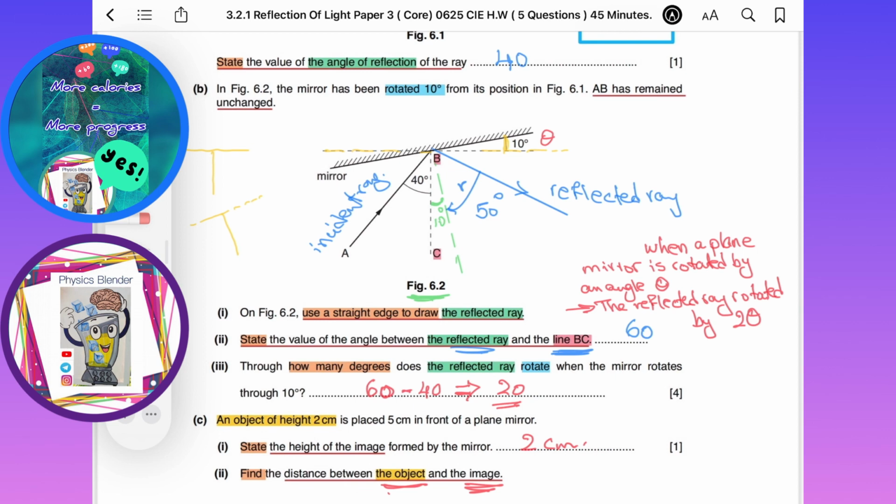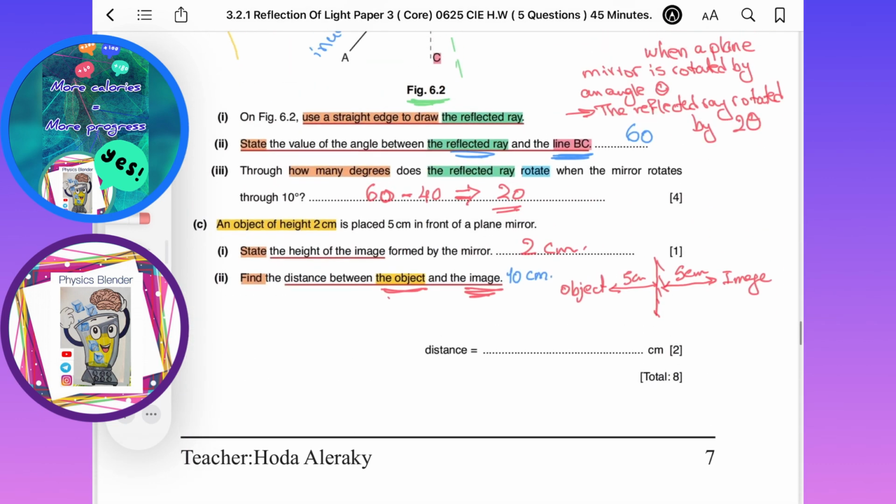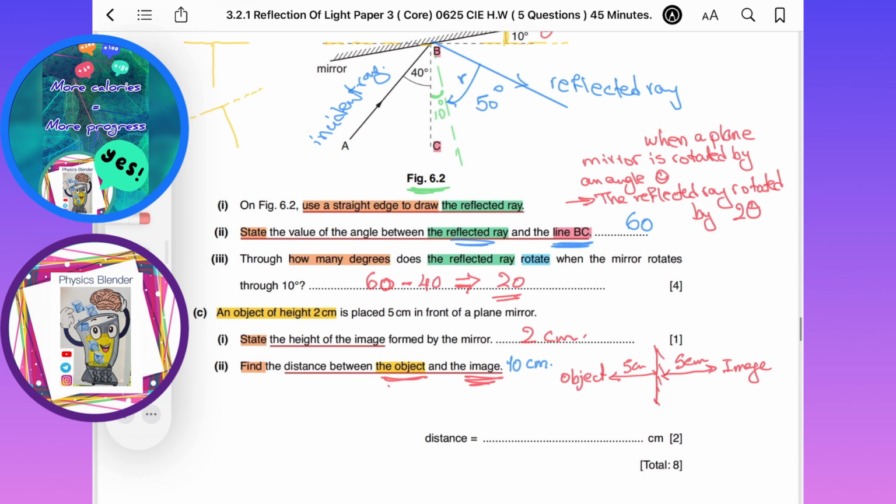So if you have here object at distance from the mirror 5 centimeters, the image will be at equal distance behind the mirror, so the distance between object and image will be 10 centimeters. We will write it here, 10 centimeters.